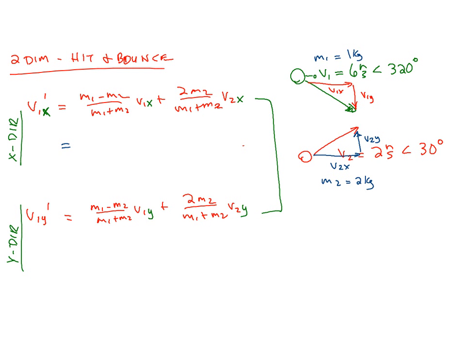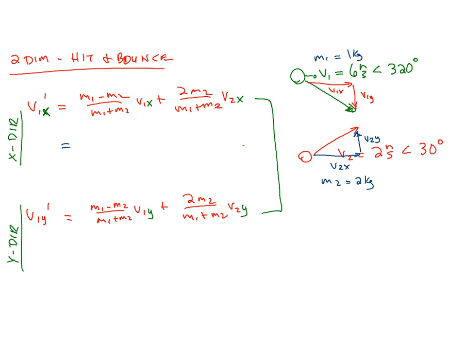Now, sadly, we got one more thing we have to do before we can really get busy with this. See how I need V1x and V2x, V1y, V2y? I don't have those numbers yet. Okay? What I've got is a polar notation here for the velocity of 1 and a polar notation for the velocity of 2.